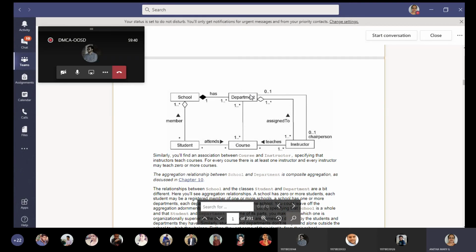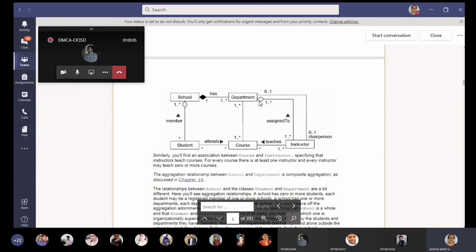Instructor and department. If you take the department as a whole, who are the parts? Department members. If it is the MCA department, the faculty under the MCA department will become the parts. So we are giving the first relationship, taking the department as a whole and instructors as parts.